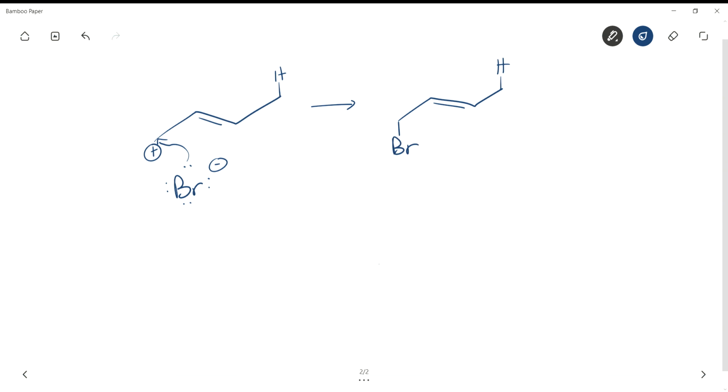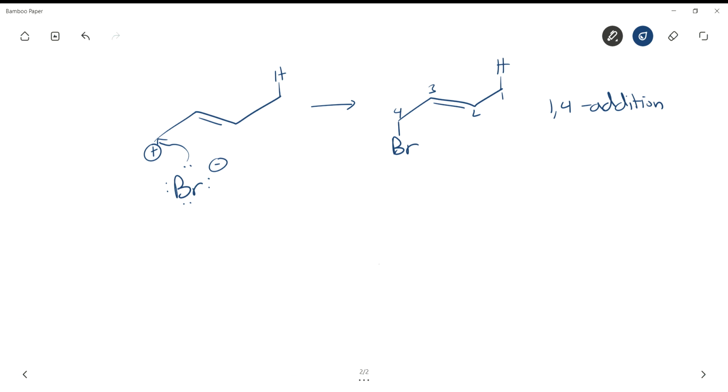Okay, this is the 1,4 addition product. And again, why is it 1,4? Hydrogen got placed at the first position, and count how many carbons it took to place the bromine. Okay, so the bromine's on the fourth carbon. So this is 1,4 addition.